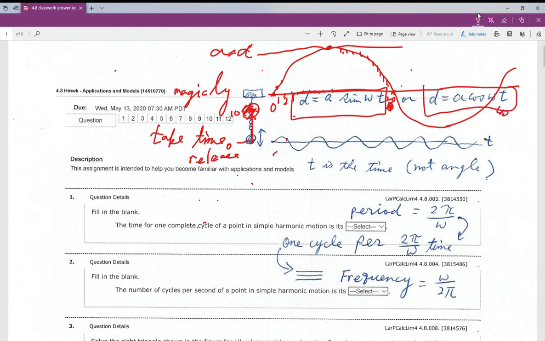And then we try to find the greatest displacement, which we call amplitude.